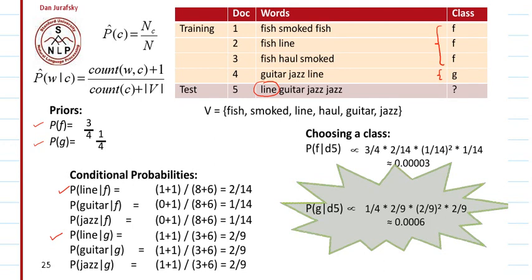P of line given F can be calculated from the documents present in class F. The line count is only 1, so I get 1 plus 1 for smoothing, divided by 8 plus 6. These are Laplace smoothing.